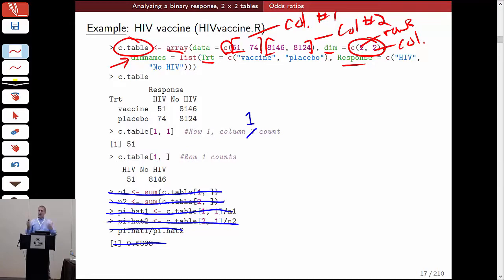Now, since this is an array, you can actually access rows, columns, as you might expect. So if I say C.table bracket 1, 1, row 1, column 1, I get back my row 1, column 1 count.